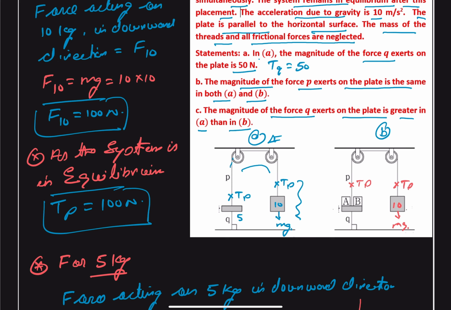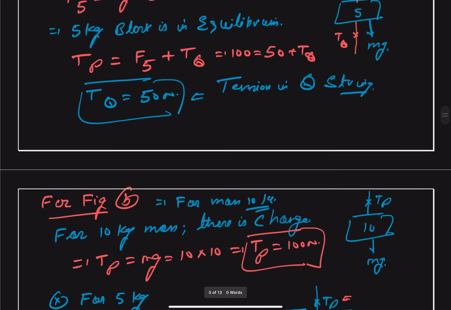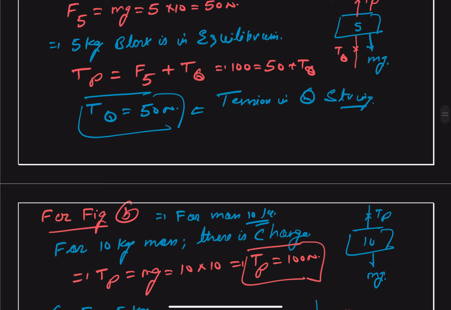And this is for figure A. And we just proved that tension TQ is our 50 Newton. So this statement is true. So you can say part A is true.